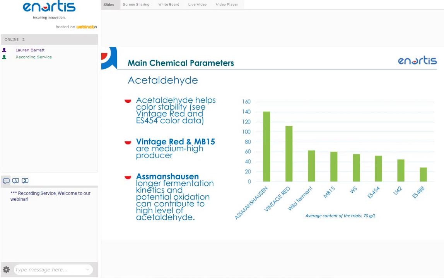And we have Aspenhausen here as being the highest producer of acetaldehyde, but it's important to note that the long fermentation kinetics of Aspenhausen could be, this buildup of acetaldehyde could be due to the oxidation of ethanol as well. So for those who are looking for higher acetaldehyde to increase color stability, Vintage Red and Aspenhausen and MB15 would be good candidates for doing so.